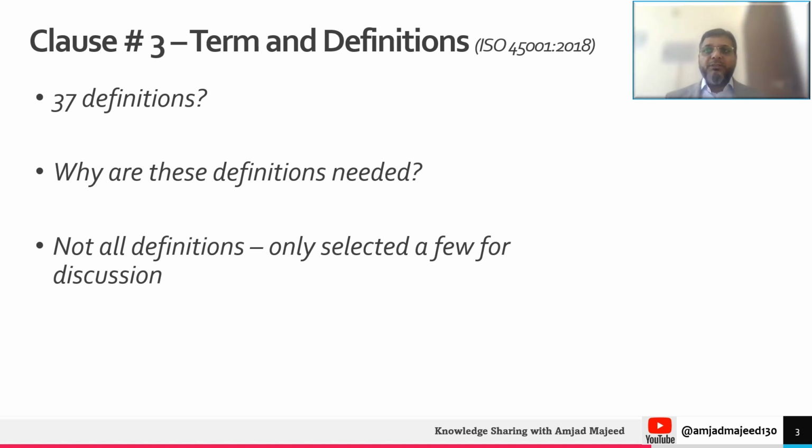The words used by the standard may have some other meaning or experience for us in that context. Just to avoid those kinds of conflicts, they have provided what they mean by the words used in the standard, so that there are no two meanings for the same word.